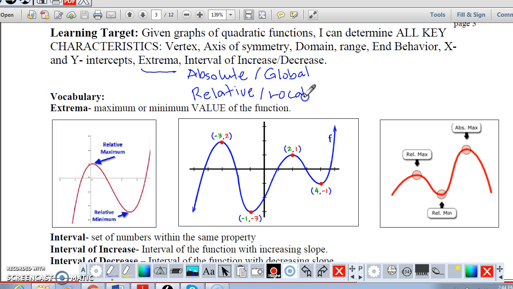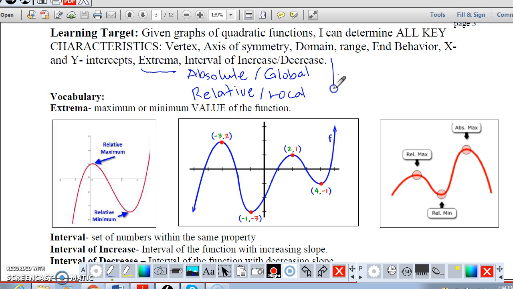So when you talk about extreme, we're talking about the maximum or minimum. We have absolute or global maximum, and absolute or global minimum. We also have relative or local maximum and relative or local minimum.